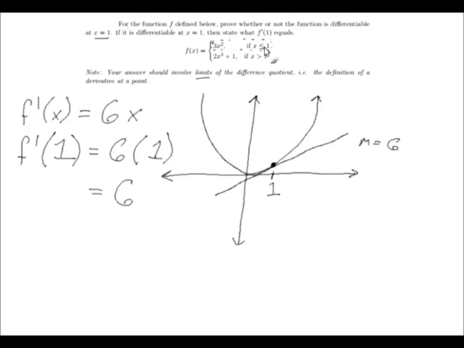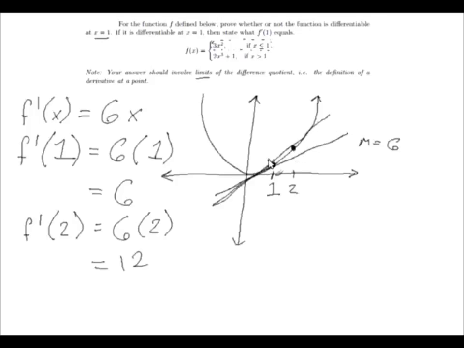which really helps us notice, because if we were to take the slope at different numbers, like for example 2, let's put here 2, then we're gonna have to plug this in. F prime of 2 equals 6 times 2 equals 12. So you can actually get a really good picture.